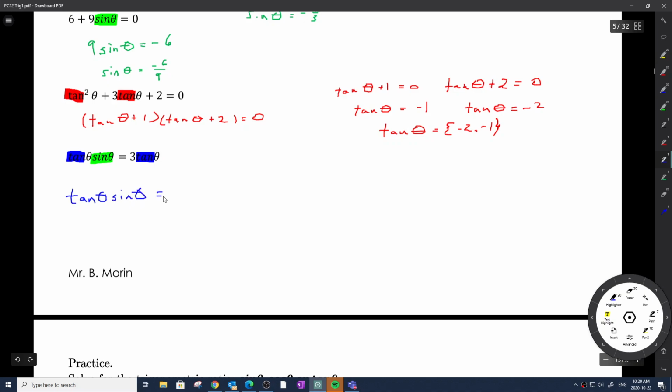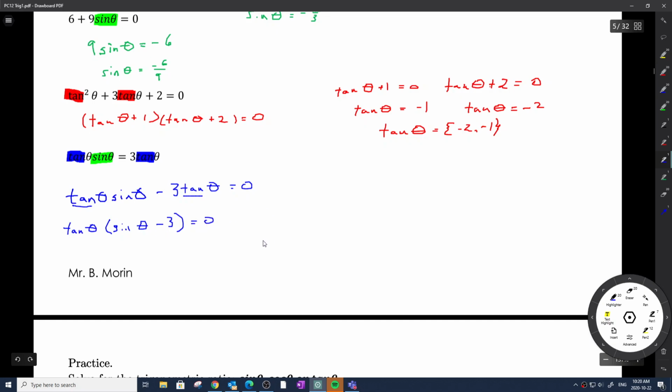I'm going to subtract 3 tan theta from the left-hand side. The next thing I notice is that in this binomial, we have a common factor of tan in each term. So I can factor out tan theta. If I factor out tan theta from the first term, I end up with sine theta, and from the second term, I end with negative 3.